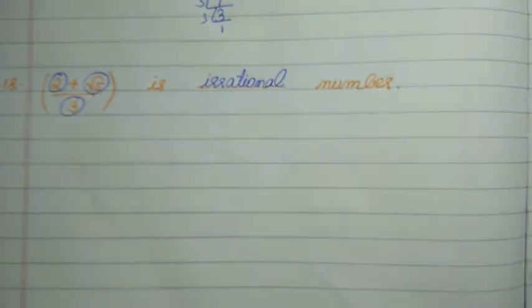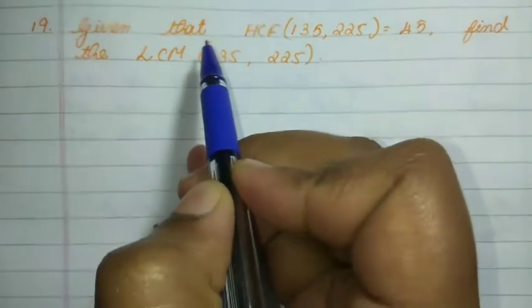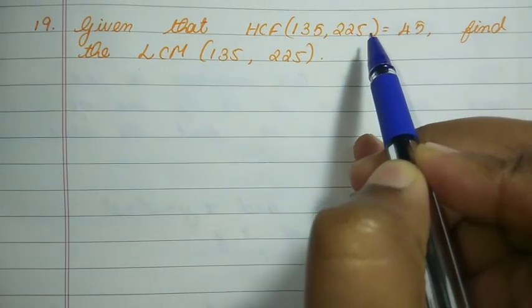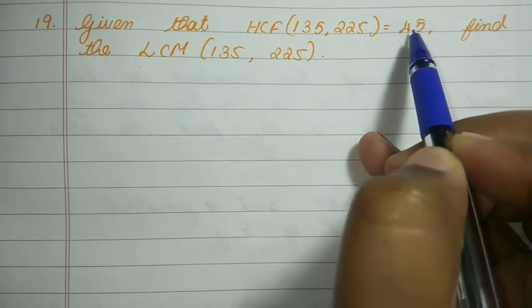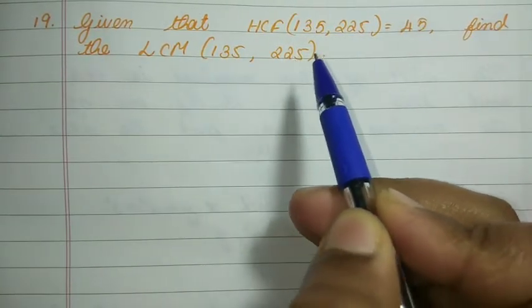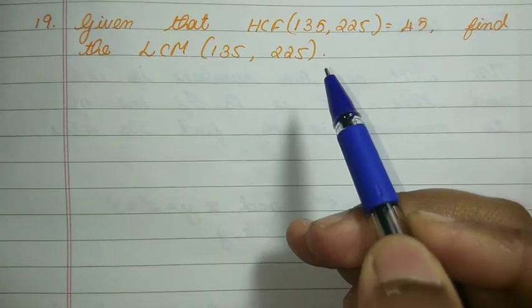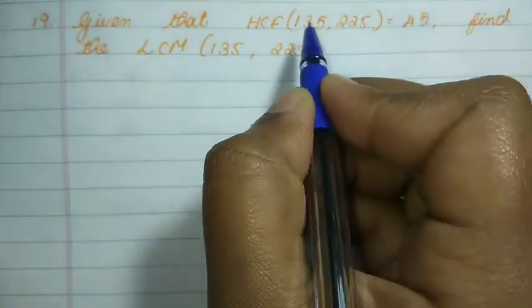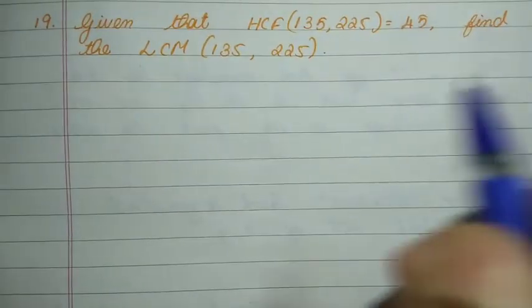Question 19. Given that HCF of 135 and 225 is equal to 45, find the LCM of 135 and 225. So here we have to find the LCM, and the two numbers and HCF are given.